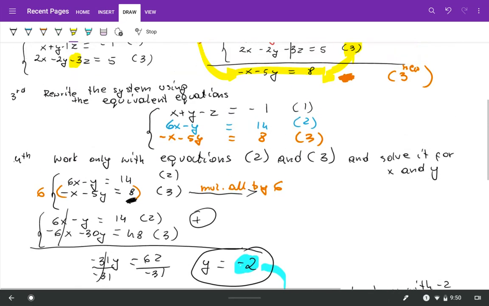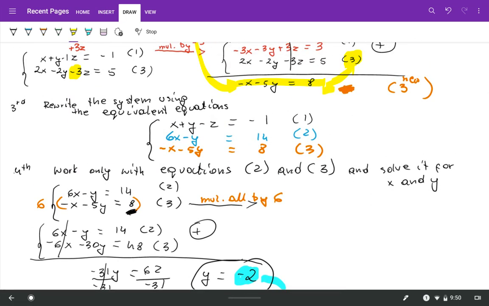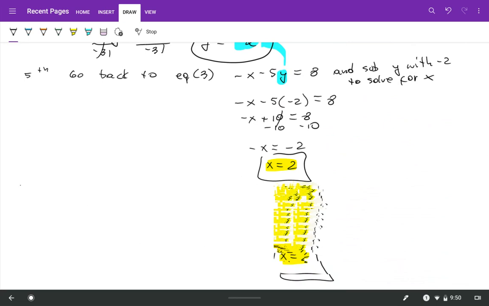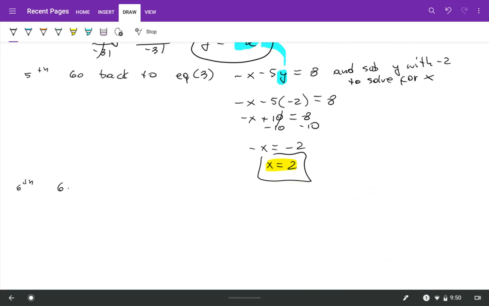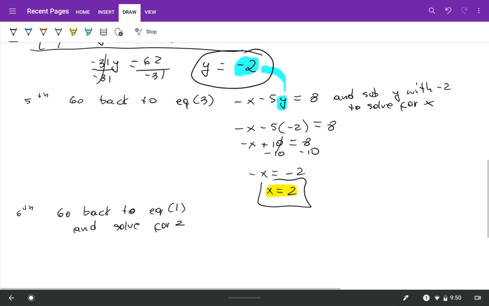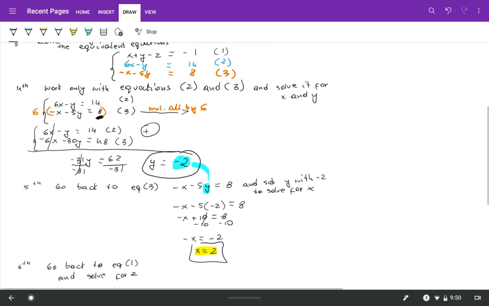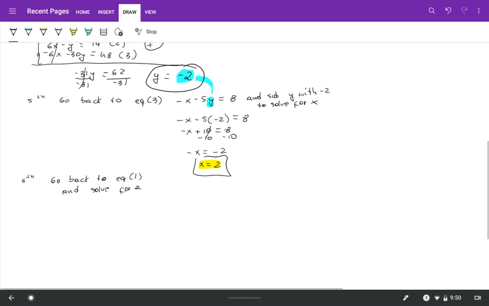So now what you want to do, you want to go back to equation 1. So sixth step, go back to equation 1 and solve for z. So equation 1 was x plus y minus z equal -1.